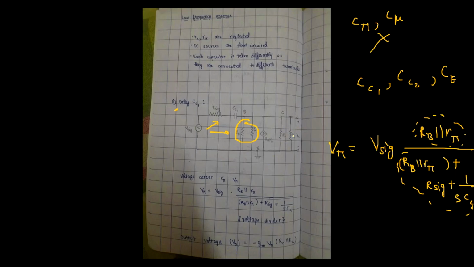And we can see that the output voltage will be the current flowing through the equivalent resistance of these two. And we can see that the current flowing here is Gm into V pi. So since we are taking the opposite direction, my V output will be minus Gm into V pi into RC parallel RL.